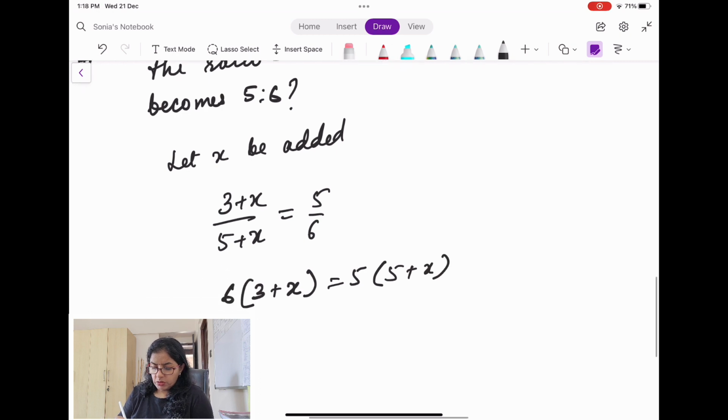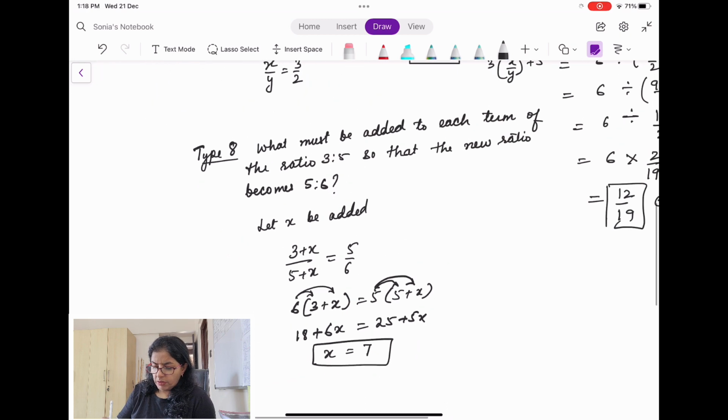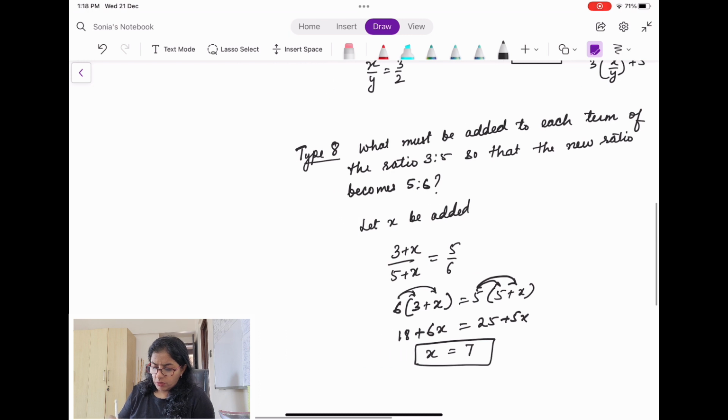Cross multiplication, 6 into 3 plus x, 5 into 5 plus x. Opening the brackets with the help of distributive property, it becomes 18 plus 6x is equal to 25 plus 5x. So x is equal to 7.